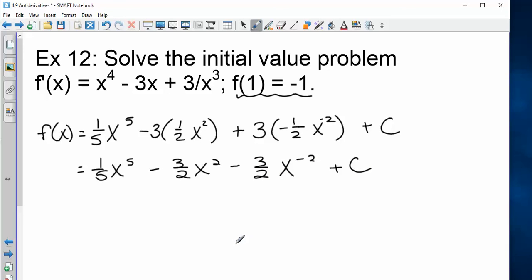And so now how do I find my C? Plug in my 1. So it'd be 1/5 minus 3/2 minus 3/2 plus C, and it has to equal a negative 1.